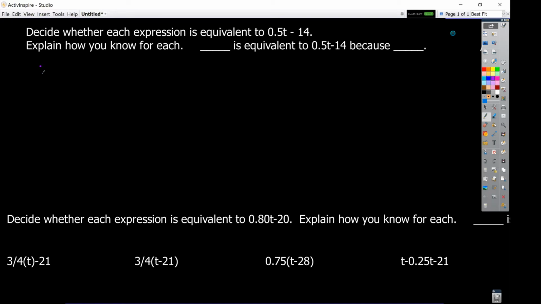So another way we can write this expression is 1/2 times t minus 14. And we know that these are equivalent because 1/2 is equal to 0.5.